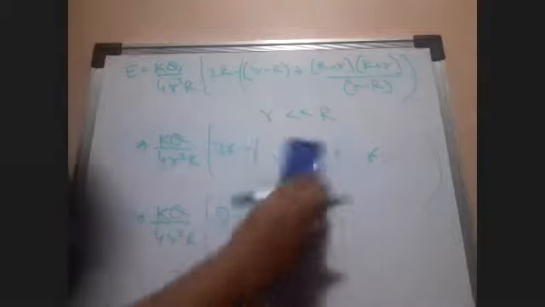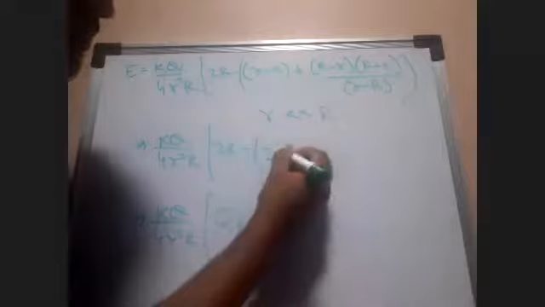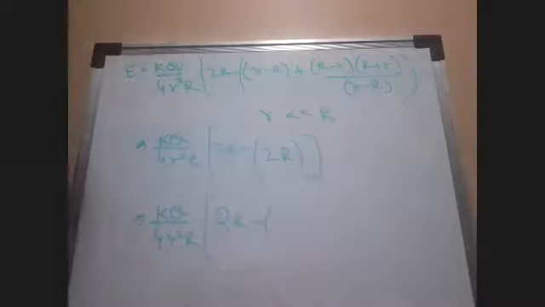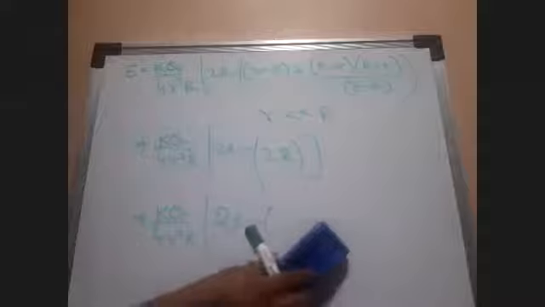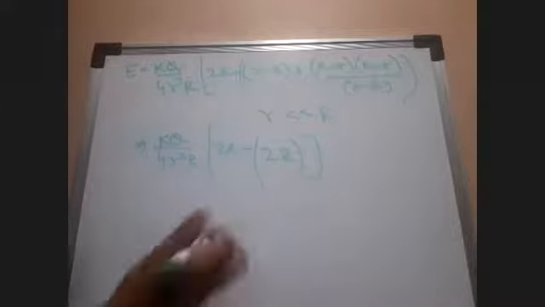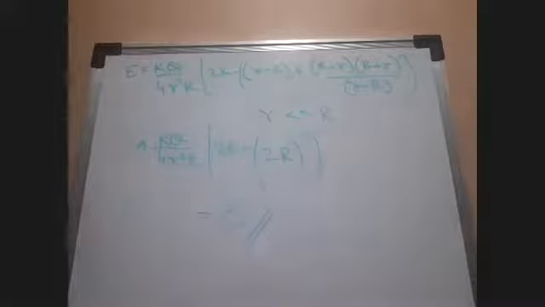This R and this get cancelled, so in this small bracket you will get 2r, and finally the answer to this entire integration will be equal to 0, if you put this condition that small r, the distance from the center of the sphere to the point P, is so small that the point P gets inside the sphere. So that is the first case.